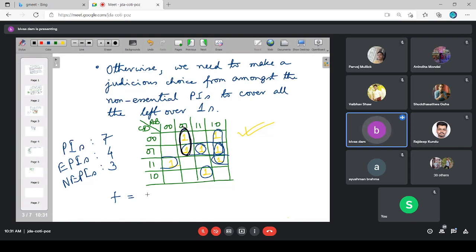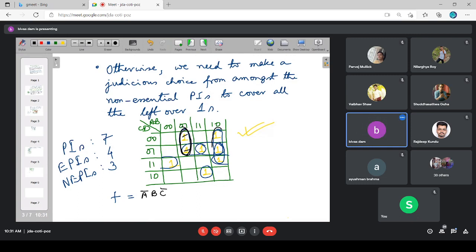What should be the product term arising out of this essential PI? A complement, B, C complement. As D is changing state, D will get eliminated, and A is available in zero form, so it's A bar. B is available as 1, so it is B, and C is available as 0, so that is C bar. So by including this essential PI, I have covered this one and this one.